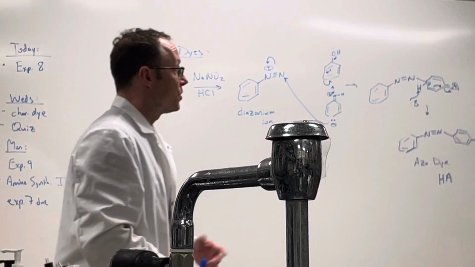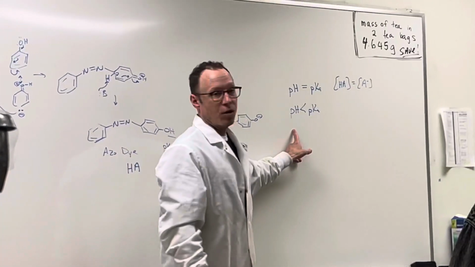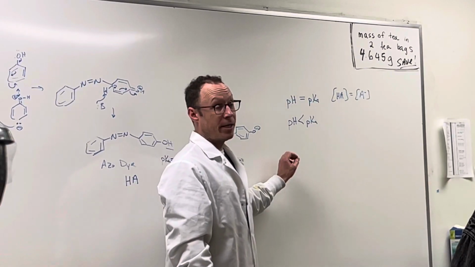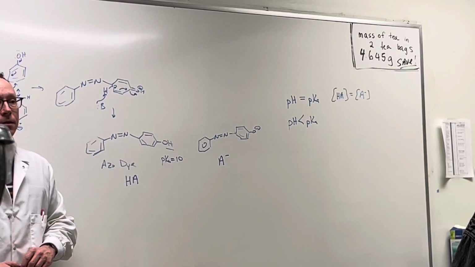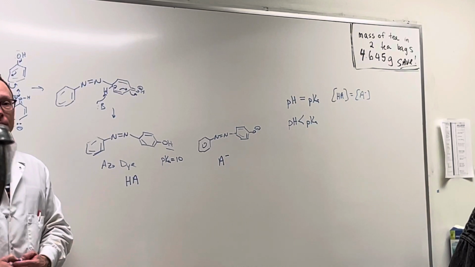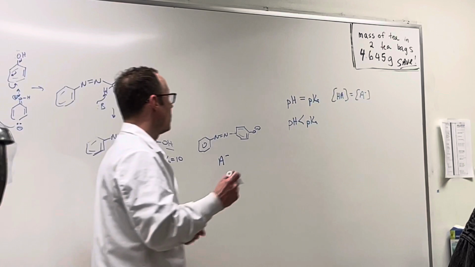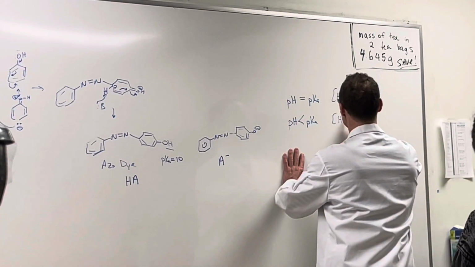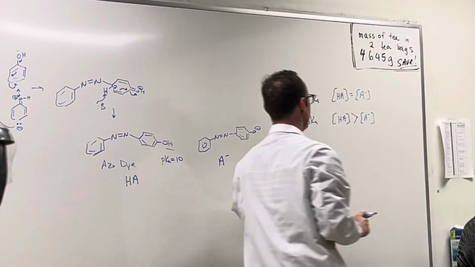The way I always remember this is I think, okay, if pH is lower than pKa, what that's really saying is that the pH of the solution is more acidic than the pKa. Well, if it's more acidic, that means there's lots of protons around. And if there's lots of protons around, the protonated form predominates. So where the pH is lower than pKa, the protonated form wins.